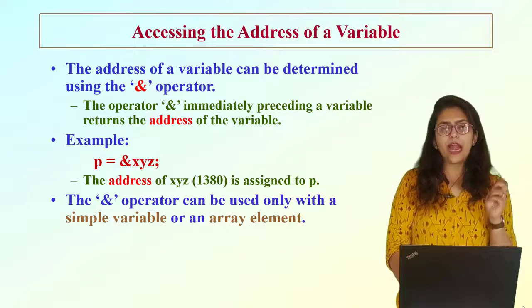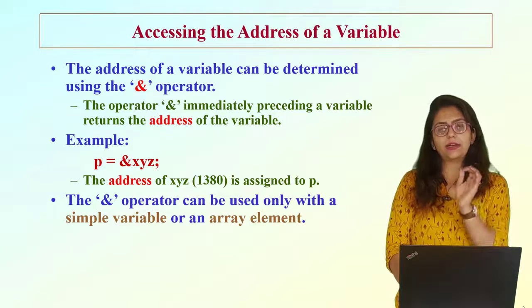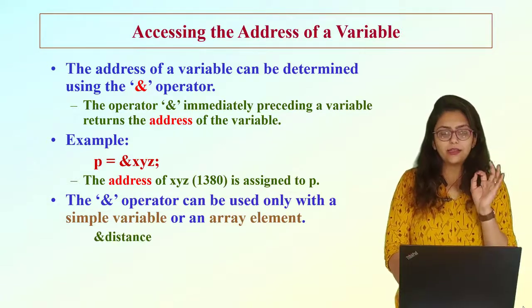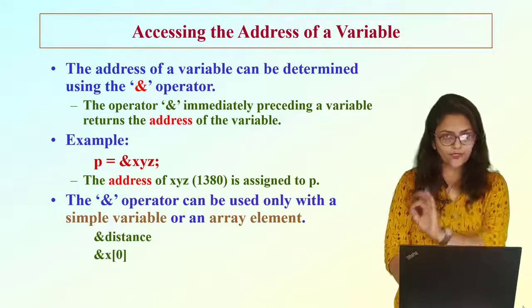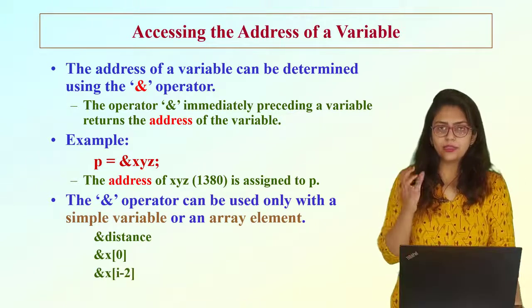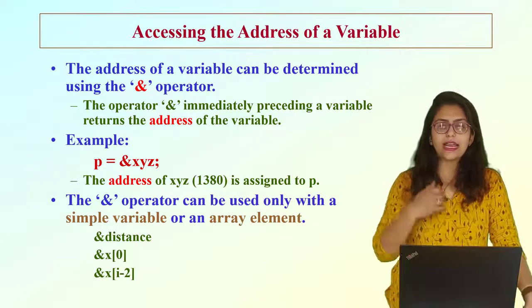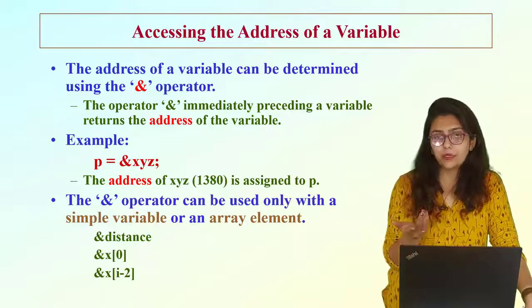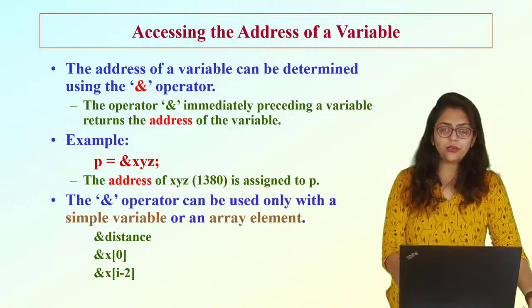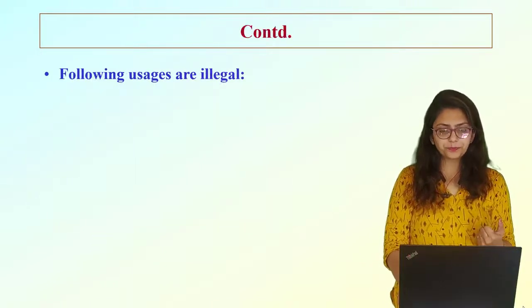You can also use the & operator with an array element, array then index, right? We are going to see it, so don't worry. So you can write &distance, then &x[0], an array element, and &x[i-2], or &x[i+2], something like that, right? So this is how you can access pointers.